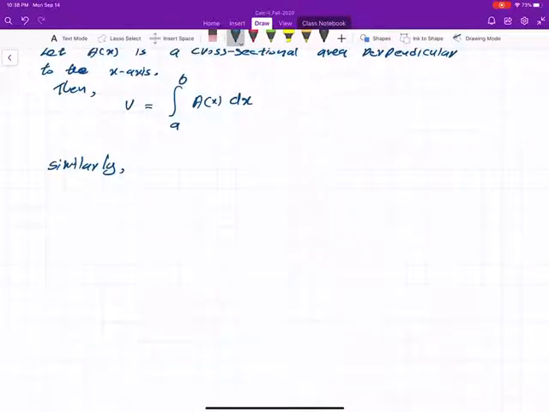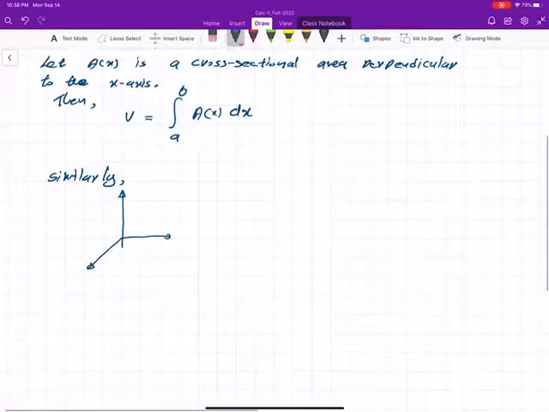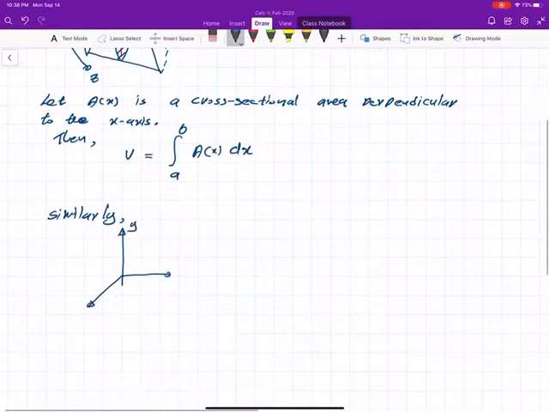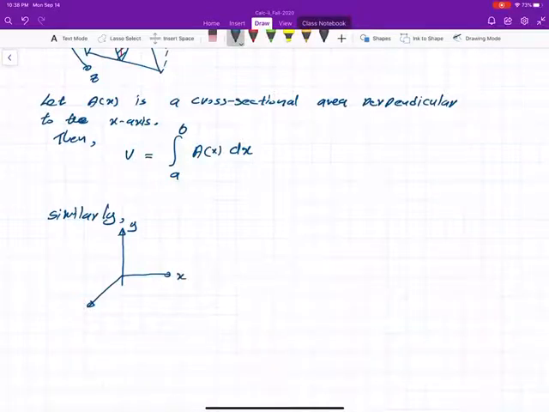The next case is what happens when this cross-sectional area is perpendicular to the y-axis. That means this is the case. Y is that, x is that, c is that. So the area looks like this. All right. So in this case, this is the corresponding cross section.